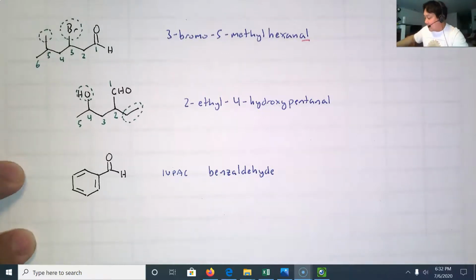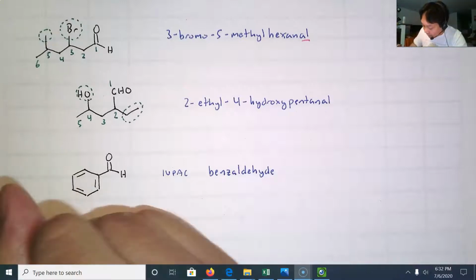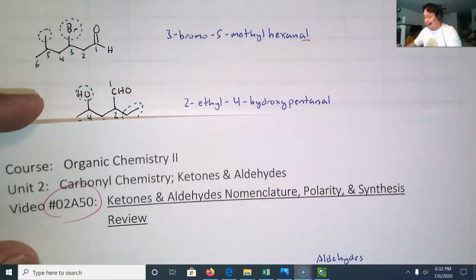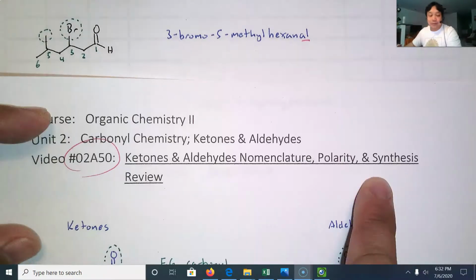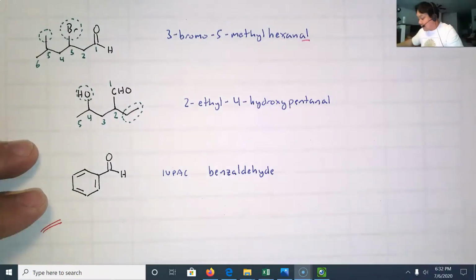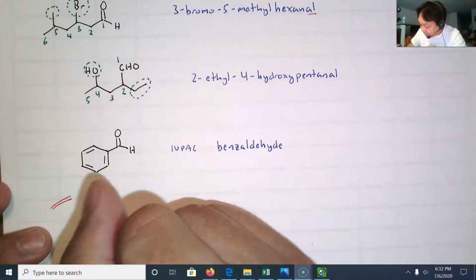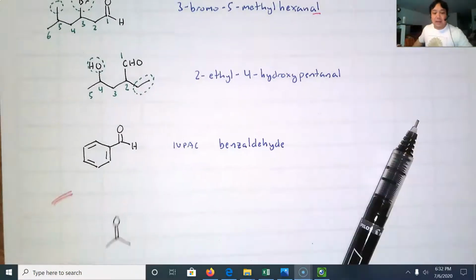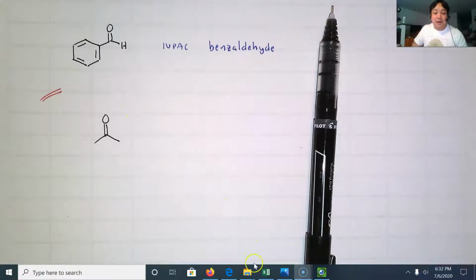Let's take a look at polarity real quickly, because I'm hoping I do get to some synthesis. This will be a review, so this will go a little bit fast. Real quickly, the polarity, and we did mention it at the beginning, the carbonyl bond is a pretty polar bond actually.